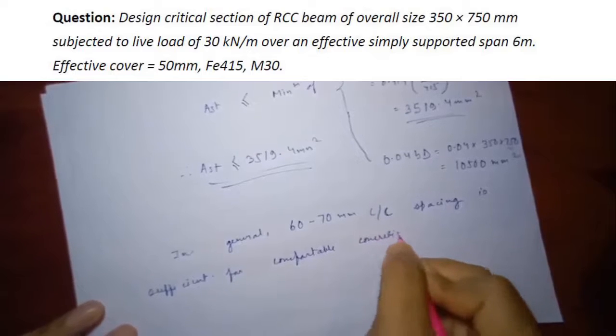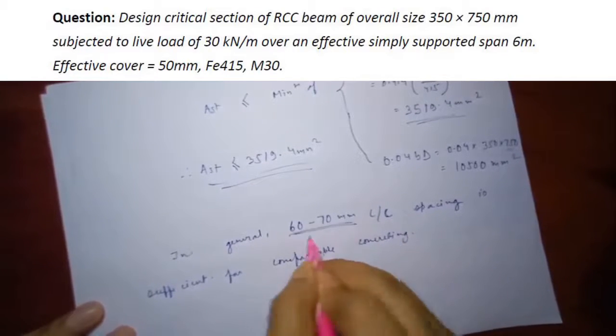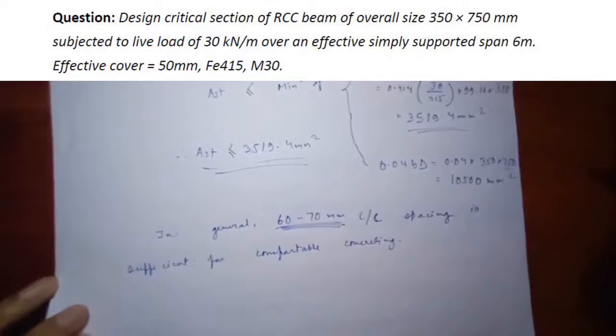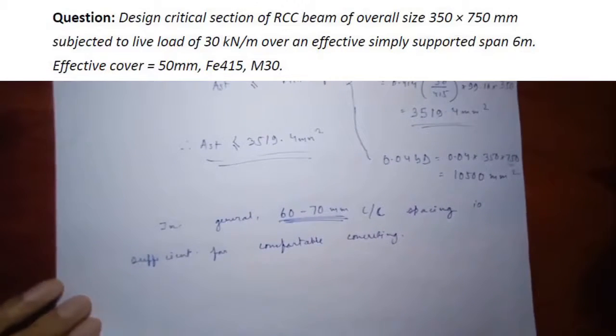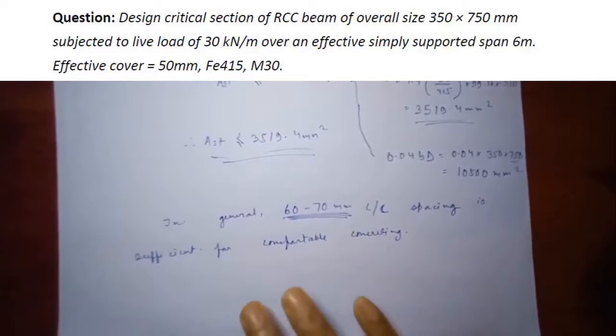This is suggested by code and also by experience. 60 to 70 mm center to center spacing is sufficient for our comfortable concreting.